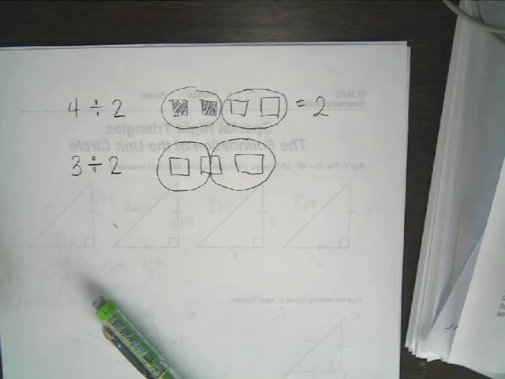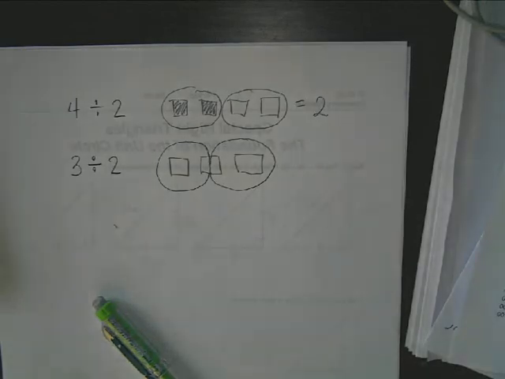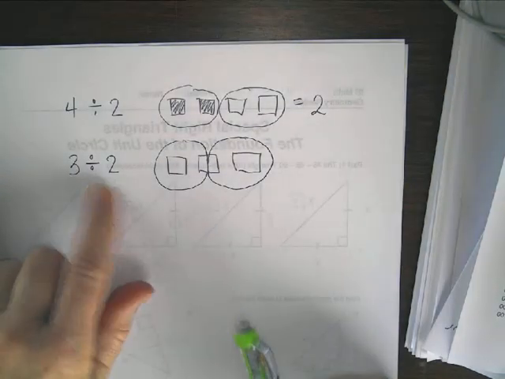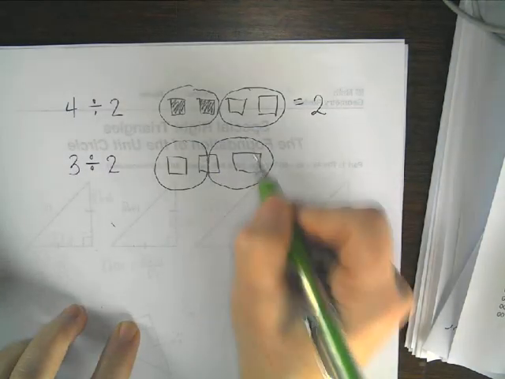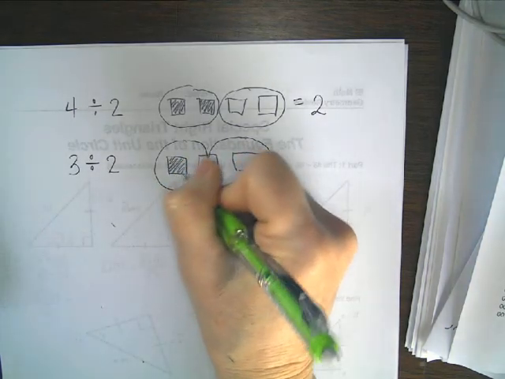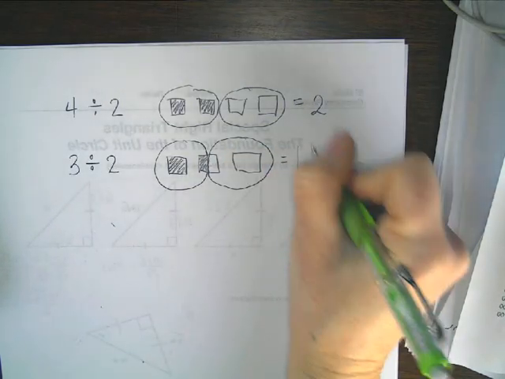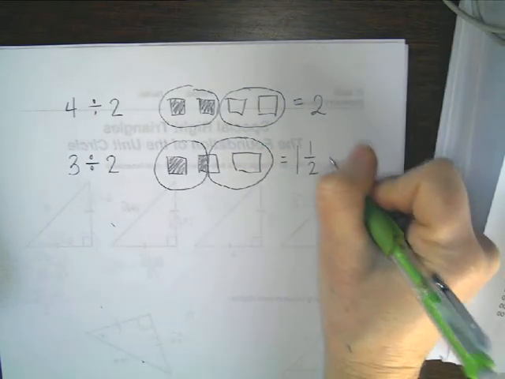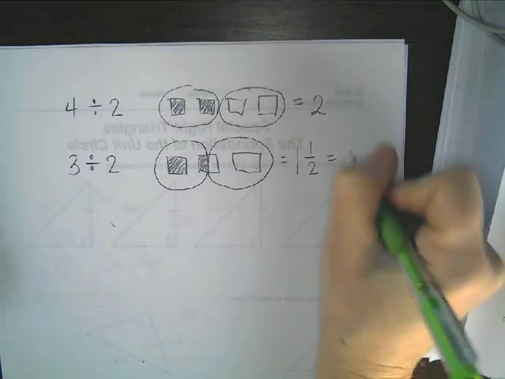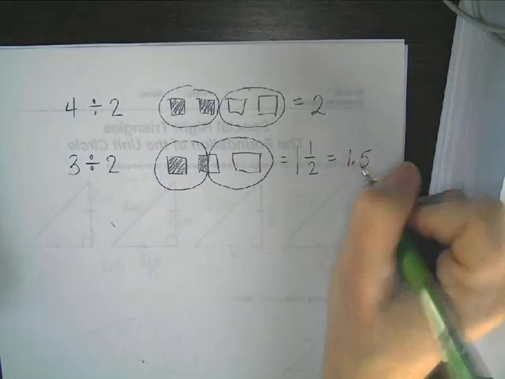Sorry about that. All right, so I've got 3 objects divided into 2 groups. 1 group, 2 groups. How many objects are in each group? Well, I've got 1 1/2. Another way of writing 1 1/2 is 1.5, but there's another way of writing it.